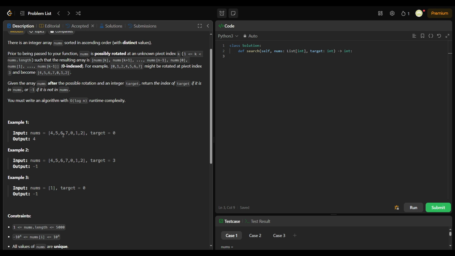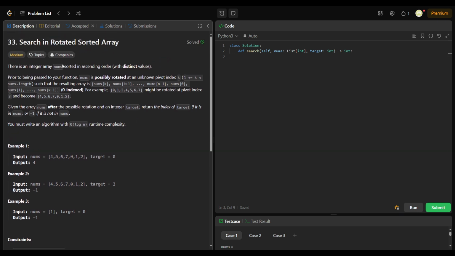But there are two things that you have to use to your advantage in this problem: this array is sorted in ascending order, so we know it's sorted initially, and we also know that we have to use an O(log n) solution. So what you have to use here is a binary search.